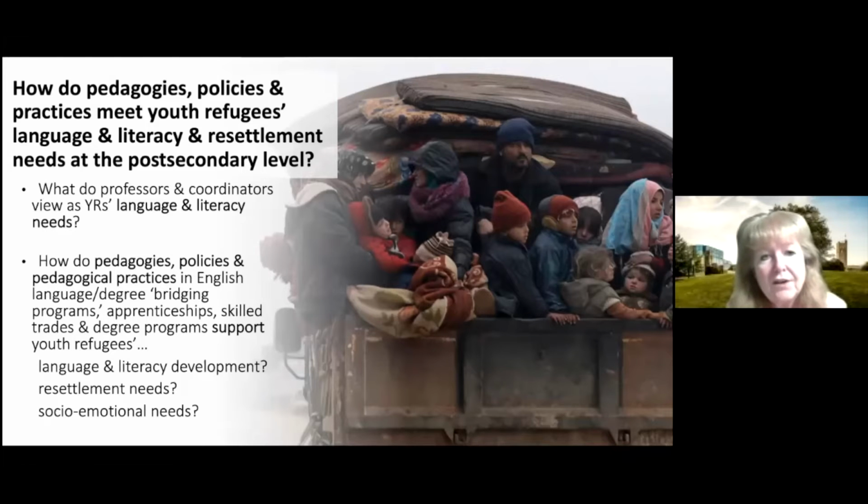And in this part of the study, it primarily had to do with English language training. So English language degree bridging programs, but also apprenticeships, skilled trades degree programs that supported language and literacy development, resettlement needs, and also socio-emotional needs.